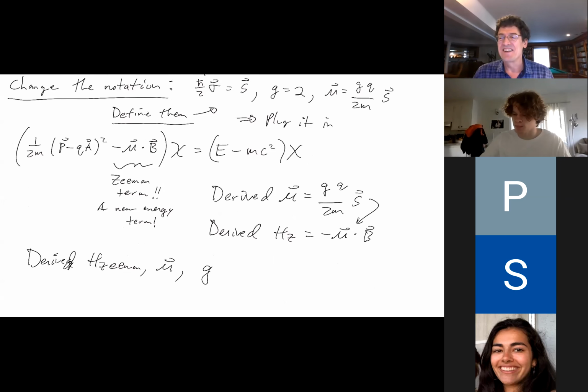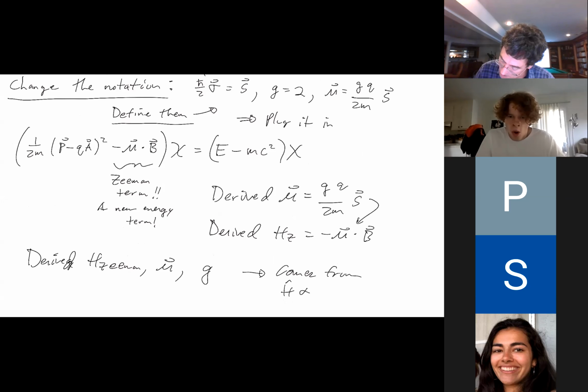And all of this stuff comes from the fact that we just said, let's let the Hamiltonian be proportional to momentum so that space and time can be on the same footing.